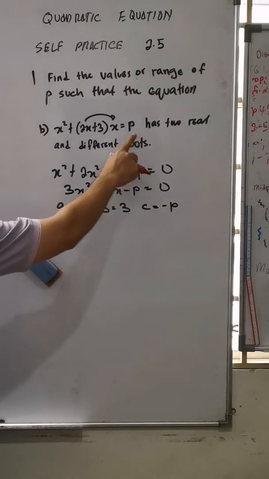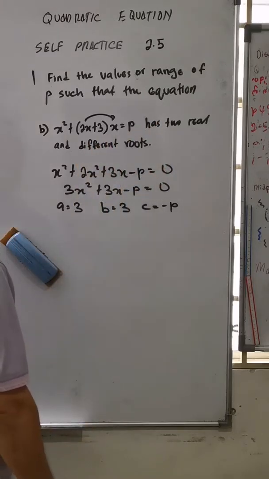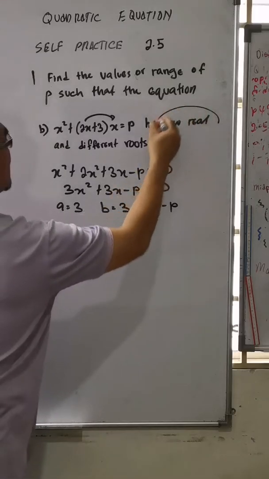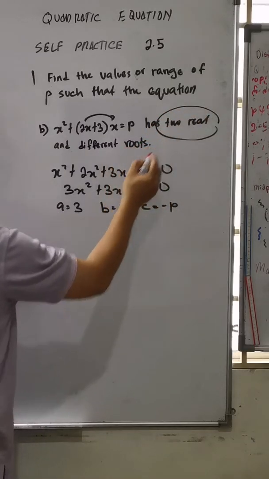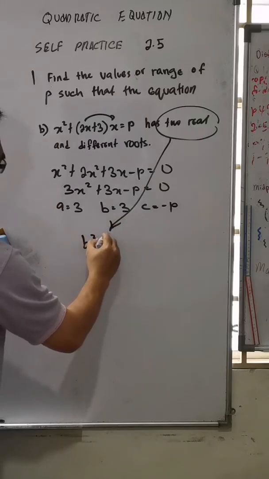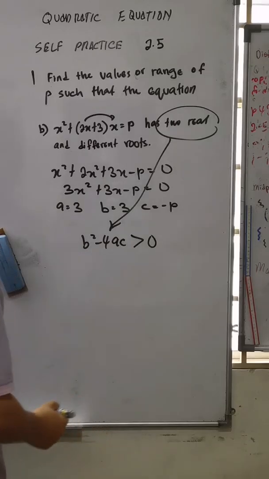And the statement here has two real and distinct roots. So the assumption, because two real and different roots means b squared minus 4ac larger than 0.